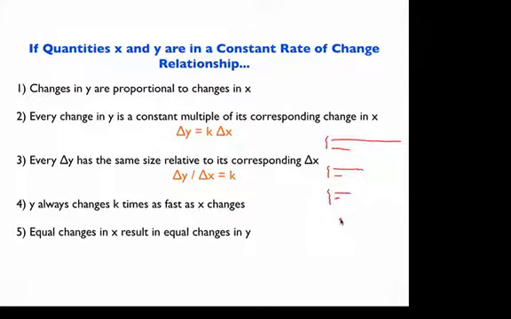Here's another new one. Any equal change in x results in an equal change in y. So if you pick a change in x, and you apply it in different places, what's going to happen? What's the change in y going to be? You're going to get the same change in y every time. And then x and y will be a linear relationship.